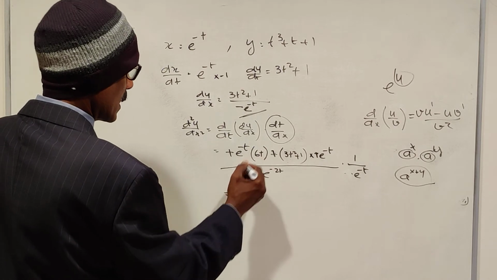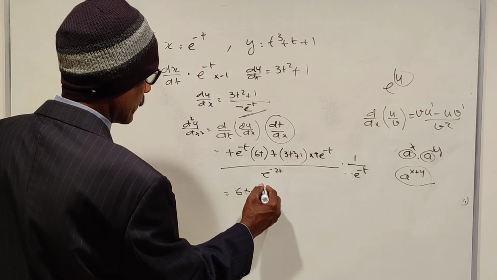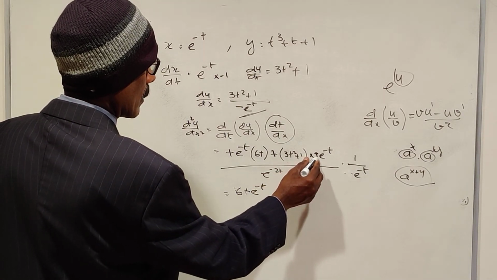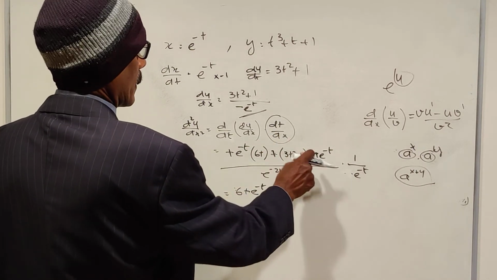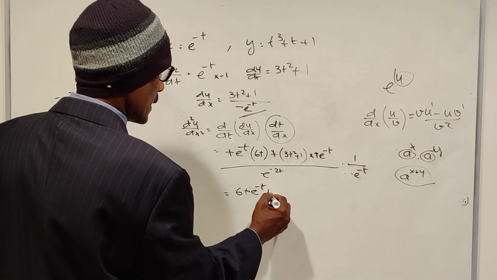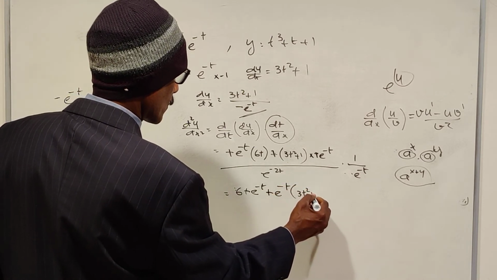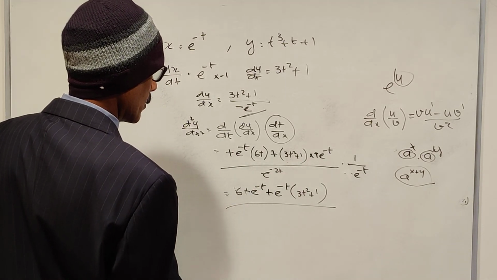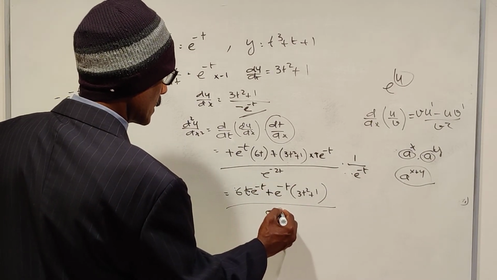I am going to write 6t first, 6t e raised to minus t, then plus e raised to minus t times 3t square plus 1, divided by e raised to minus 3t.